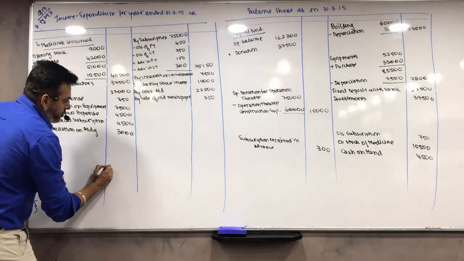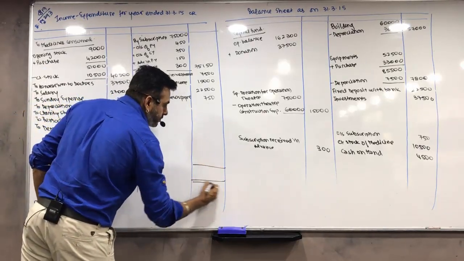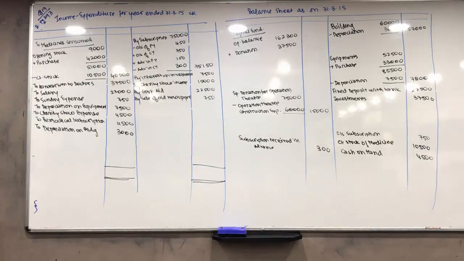See which side is more. Are you getting 4,350? Yeah. Okay, write down excess of. What's the total?